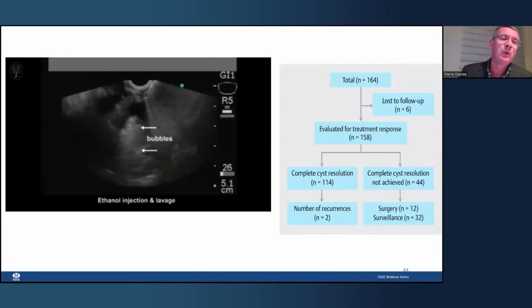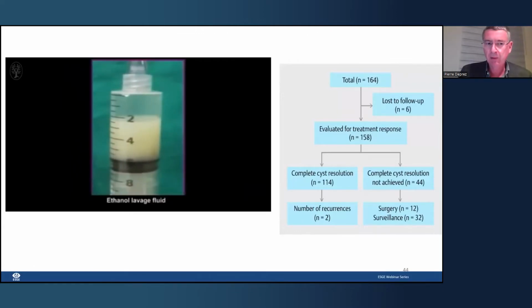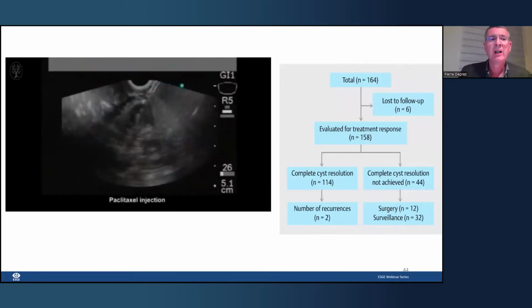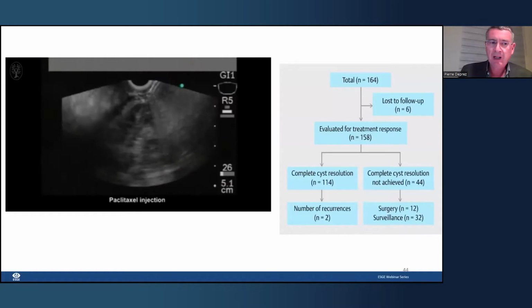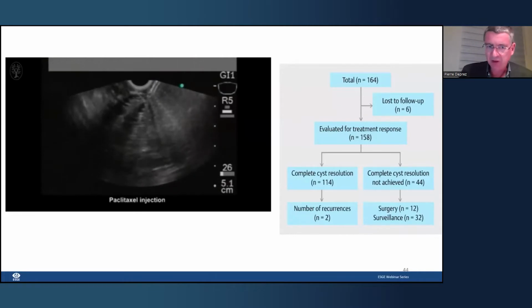And then you aspirate, you re-inject for about 3 to 5 minutes to be sure that there has been enough contact between ethanol and the cyst wall, you see here the fluid after the ethanol lavage. And then they inject the same volume of paclitaxel, or in some studies, gemcitabine.